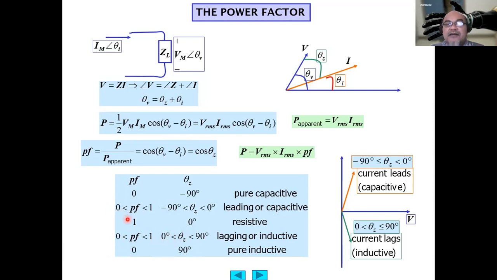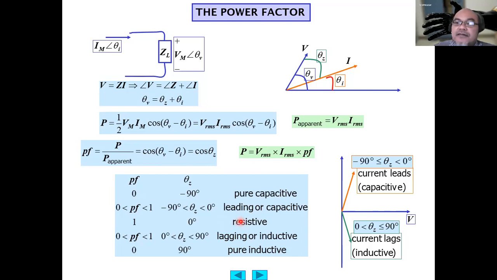Either theta Z is negative, that is, less than 0 degrees but larger than minus 90 degrees, which means the current leads the voltage, and it is a capacitive circuit.